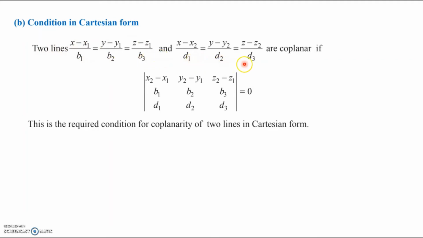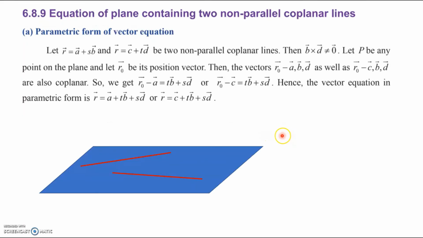Similarly, d1, d2, d3 are the direction ratios of the second line. So this determinant of x2 minus x1, y2 minus y1, z2 minus z1, b1, b2, b3, d1, d2, d3 is equal to 0 is the condition required. This is derived from our parametric form. So that's the condition for coplanarity of two lines in Cartesian form.